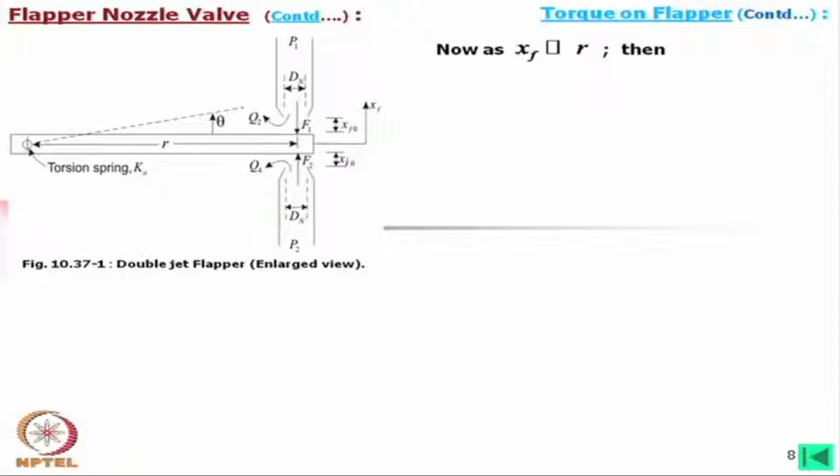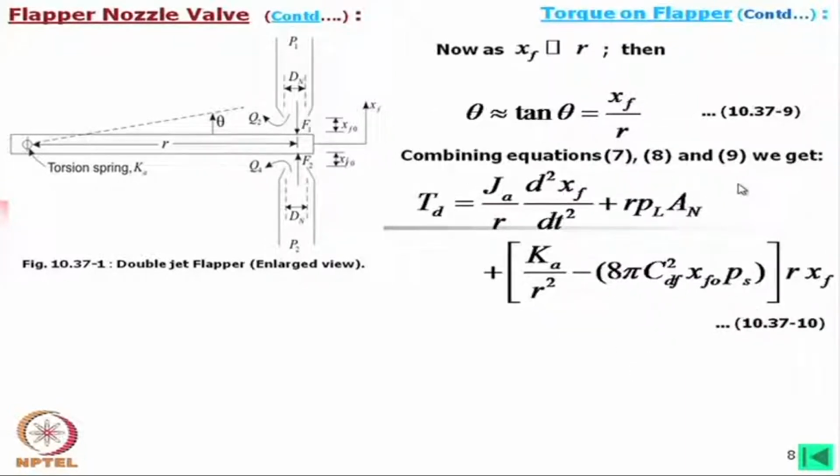This is actually x f much less than r, that means this length, and x f is the spool movement, and for that we can consider tan theta. Actually, we have to consider the tan theta, which is x f by r, almost equal to theta, and therefore, we can combine these 7, 8, 9, these three equations, and we will get the torque equation in this form.